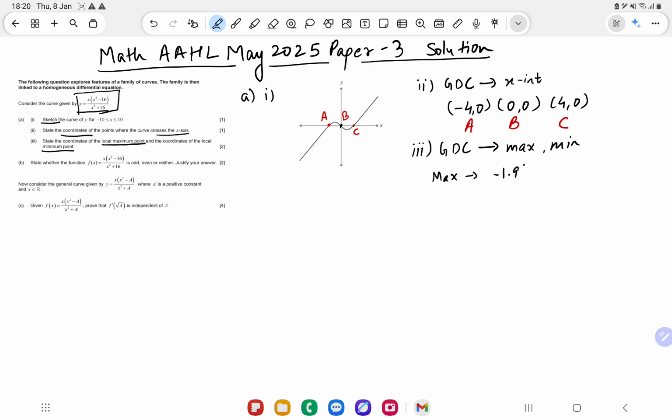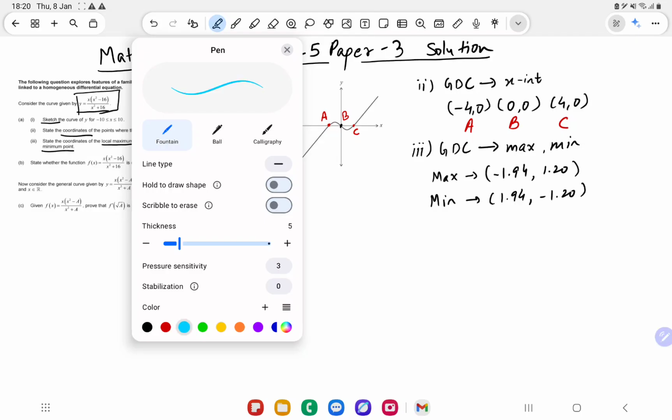One is your x coordinate, that is minus 1.94, and the other one is your y coordinate, that is 1.20. And when you press min in your GDC, you can see one value as 1.94 and another one as minus 1.20.